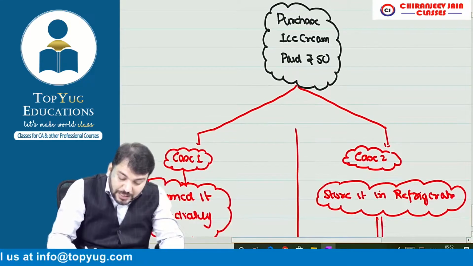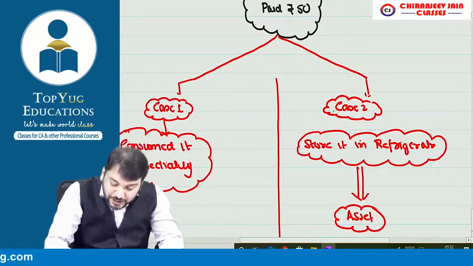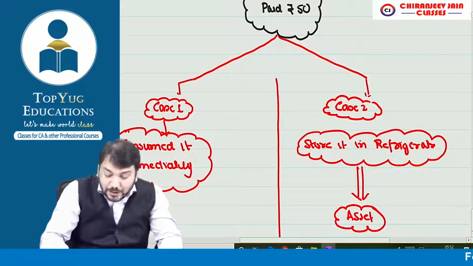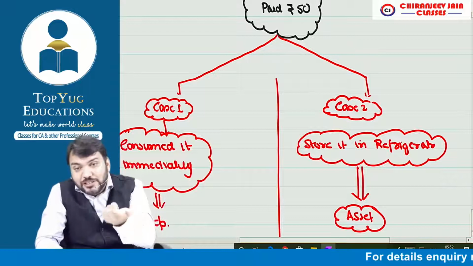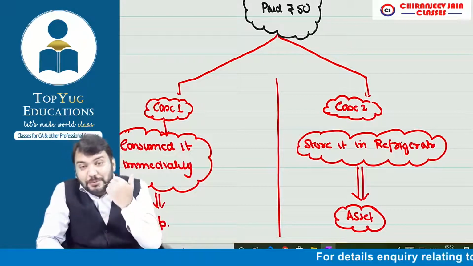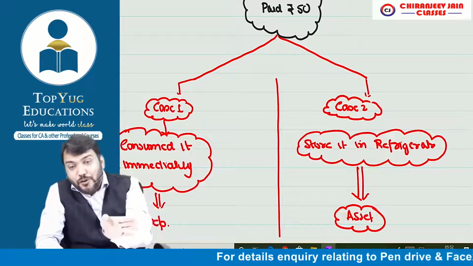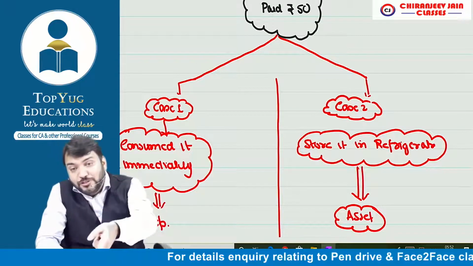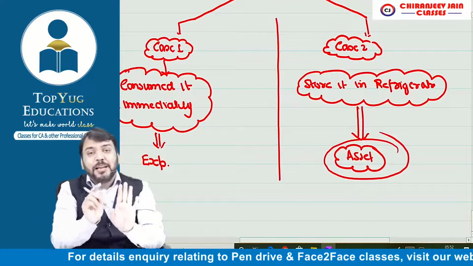What I said? Purchase of ice cream paid rupees 50. It is an expenditure. Correct? And because you have not consumed it, you will consume in future. So benefit will be derived in future. So any expenditure from which benefit will be derived in future is an asset. A very simple example I have given.